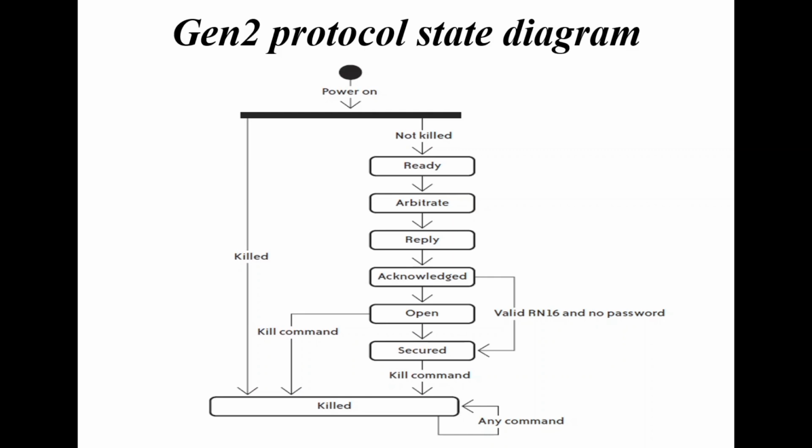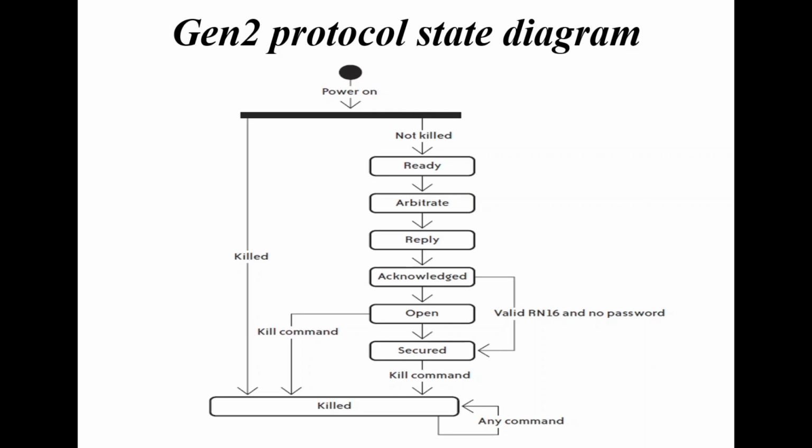The tag responds with a temporary 16-bit random number. If more than one tag responds at the same time, a collision occurs and the process restarts. If only one tag responds, the reader can acknowledge it and the tag moves into the acknowledged state.